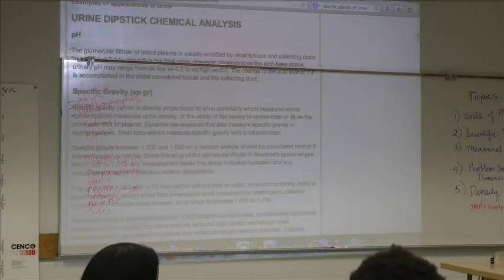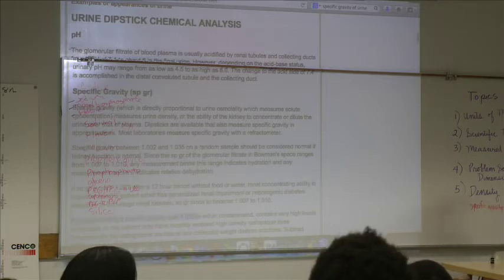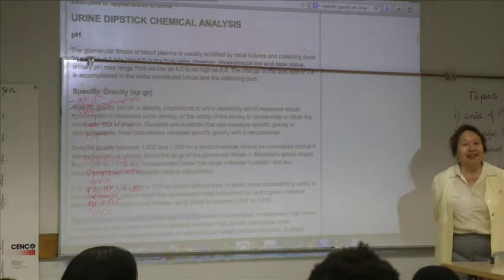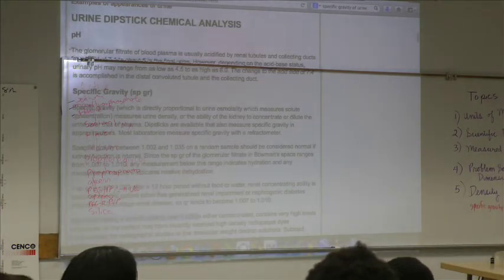Why does urine have a specific gravity more than 1, do you think? Solids. What are the solids in there, you think? There could be some solids, right? They could have sodium. Yes, exactly, that's correct.